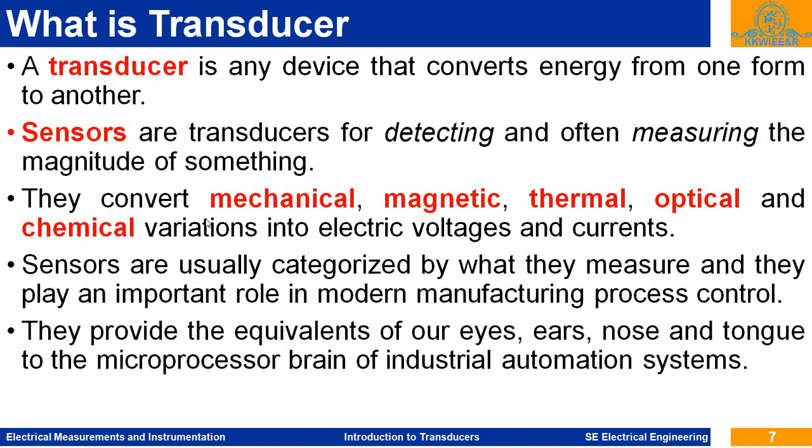Then they convert mechanical, magnetic, thermal, optical, chemical variations into electric voltages and currents. Sensors are usually categorized by what they measure, and they play an important role in modern manufacturing processes. Means we sense pressure, we sense flow, we sense temperature.